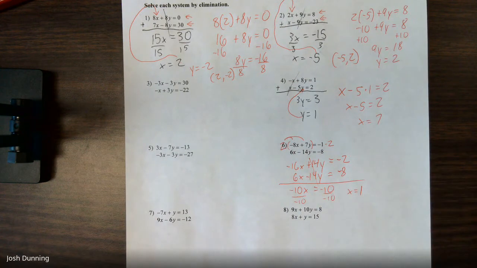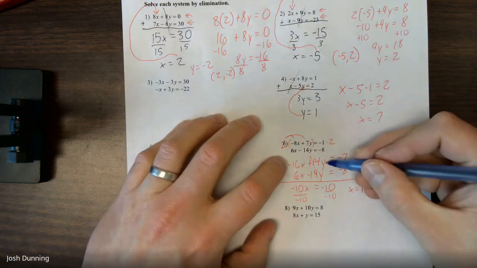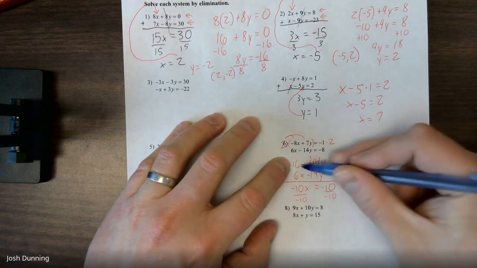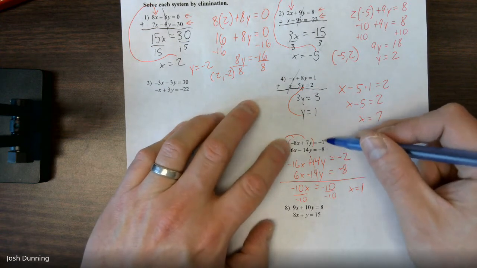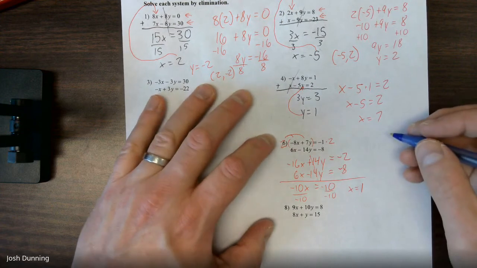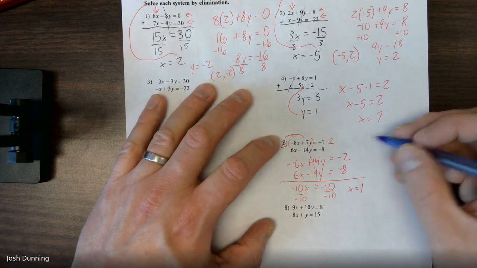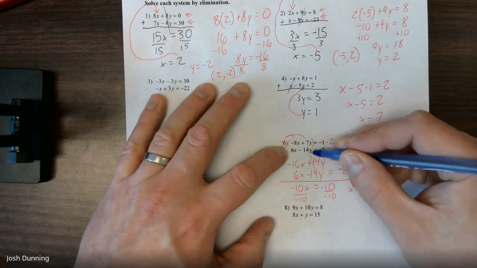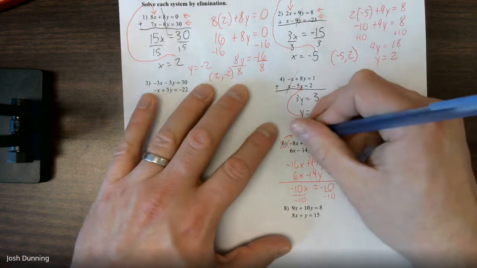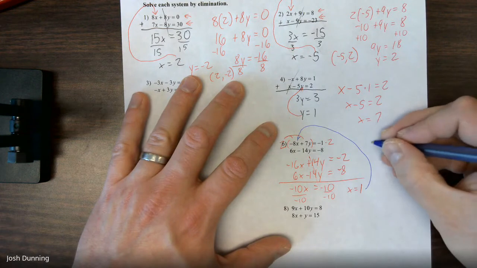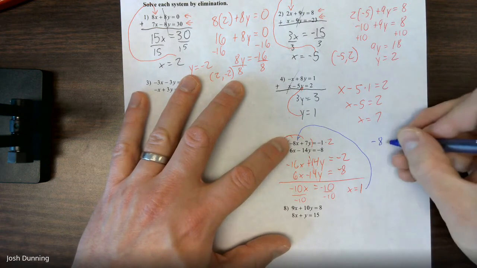Now, when you go back to find the other variable, it's not wrong if you use one of the equations you multiplied, but the original equations will have smaller numbers usually. So we'll go back to the originals here and just pick one. I don't know. We'll pick the top. Doesn't really matter. We just said x is 1.